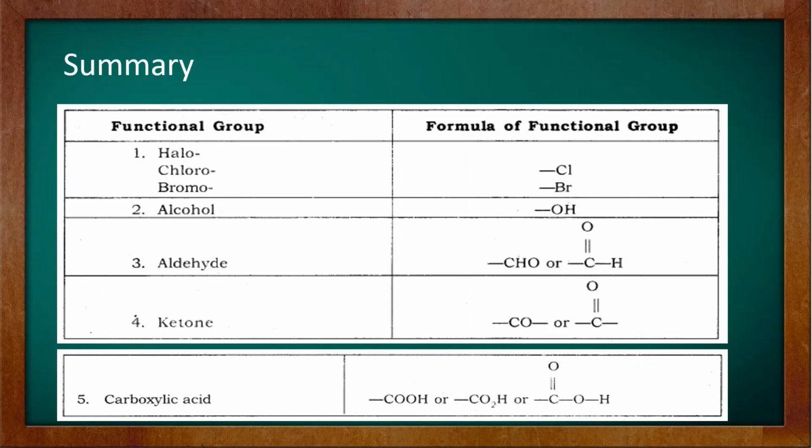In the ketone group, CO group, the oxygen is bonded with carbon with a double bond. In the carboxylic acid group, COOH group, the first oxygen is bonded with carbon with a double bond, and the second oxygen is bonded with carbon and hydrogen with single bonds.